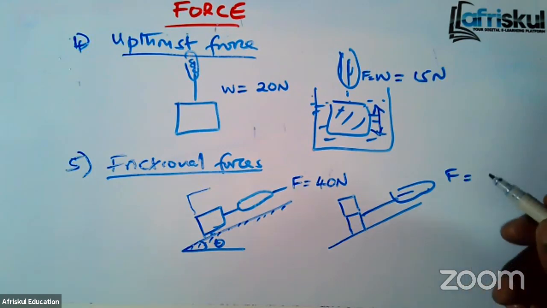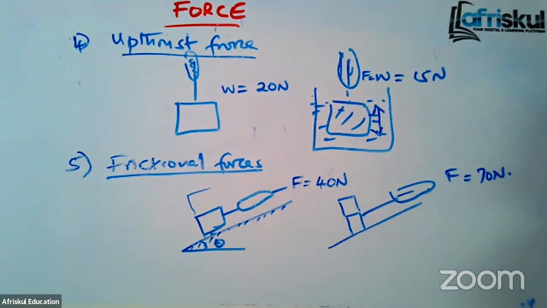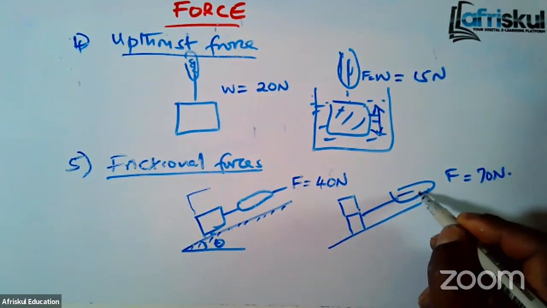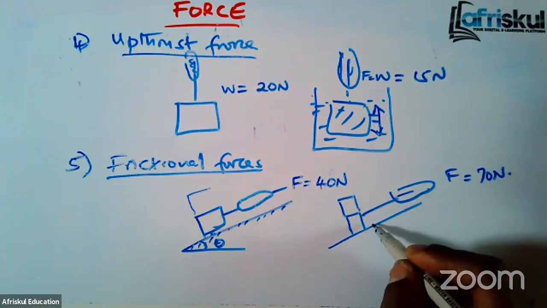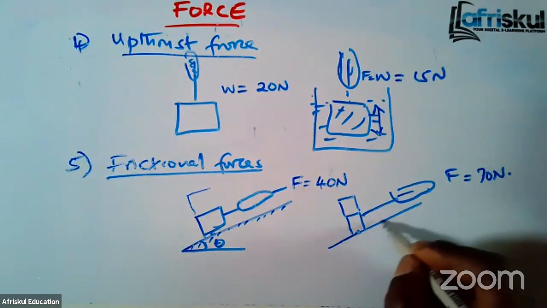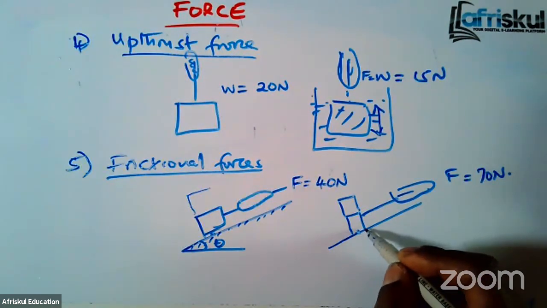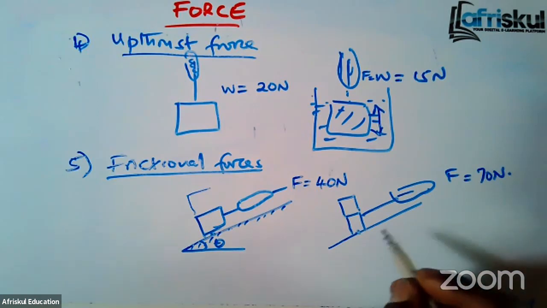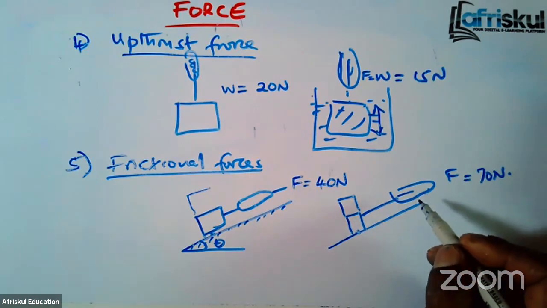So here you may end up using something like 70 newtons. Now, that measure there, what the spring balance will be reading as soon as the sliding begins, you are actually reading the frictional force that exists between the block of wood and the surface below it. So that is now called the frictional force. You are able to physically measure it by using a spring balance.